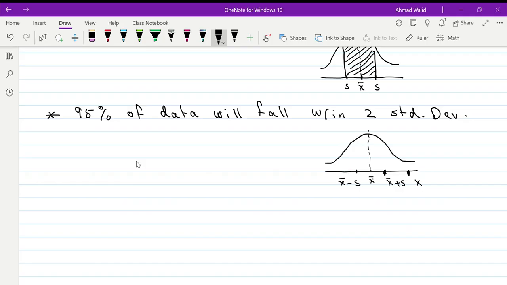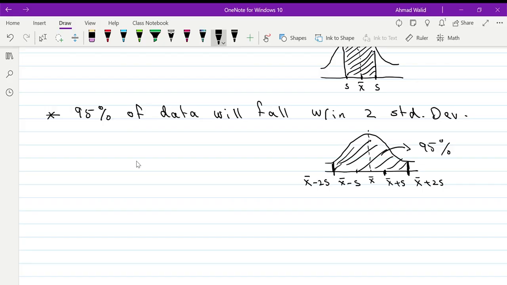This one is actually X bar plus 2S, two standard deviation. And this side will be X bar minus 2S. If your data falls in this region, like this much, this is actually 95% of the data.